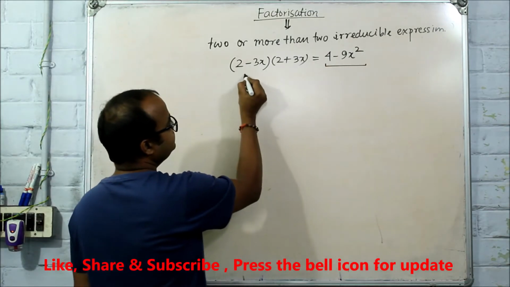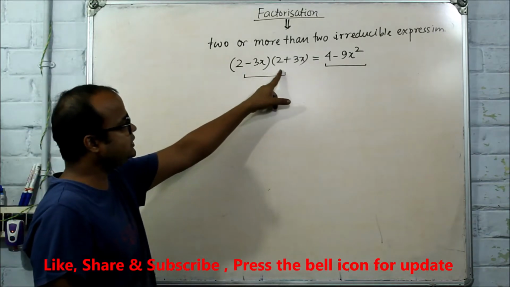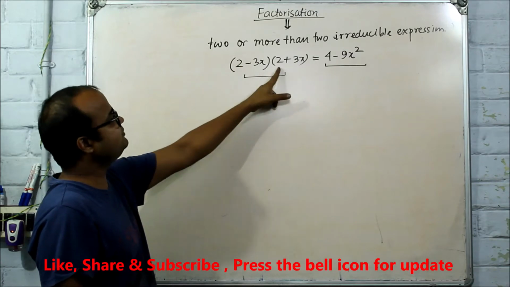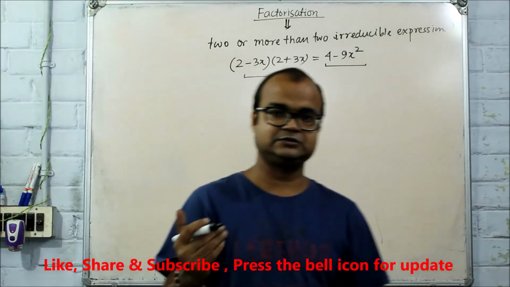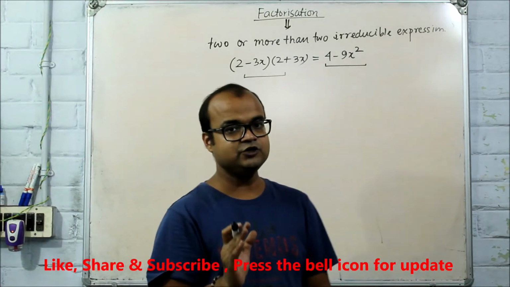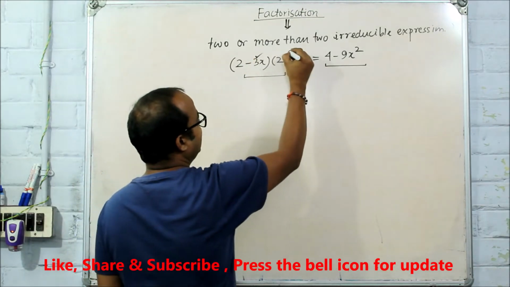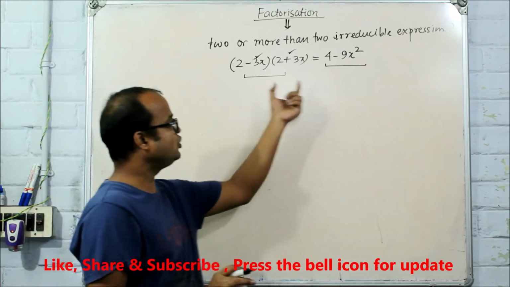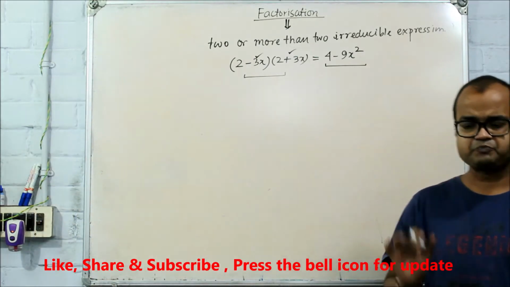It is expressed as a product of two or more expressions. Here it is two irreducible expressions. You cannot further simplify 2 minus 3x, so it is an irreducible expression. So these two are called the factors of 4 minus 9x square.